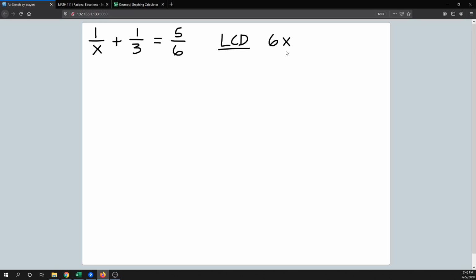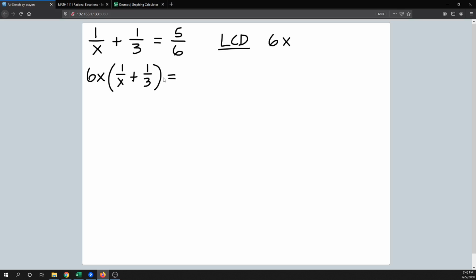And so what we'll need to do then is to multiply both sides of this equation by the LCD. The left side, since it has two terms, I am going to put those in parentheses so I do not forget to distribute this to both terms.